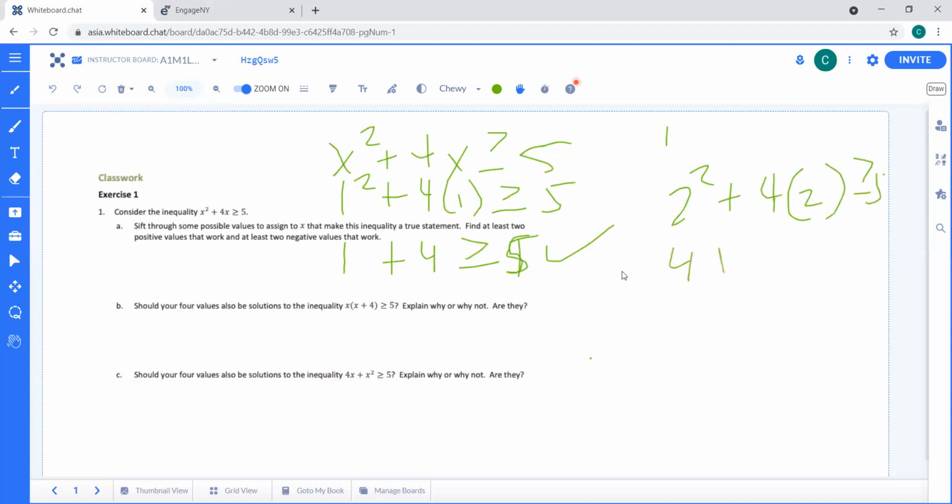Well, that's 4 plus 8. Of course, that's going to be greater than or equal to 5, so that works out. And notice that this is 5. So this would be the lowest number we could go with for it to be greater than or equal to 5. 1 is. Right? So we would say that x is greater than or equal to 1.